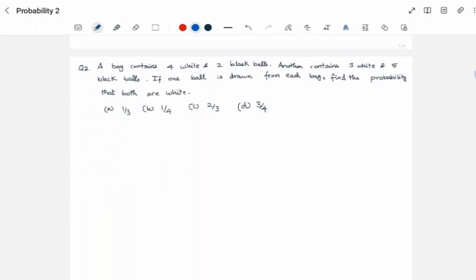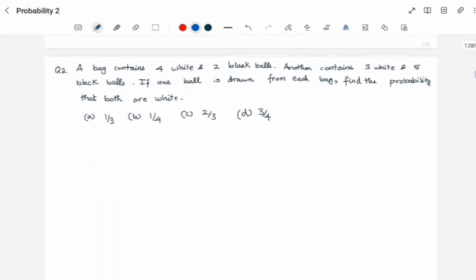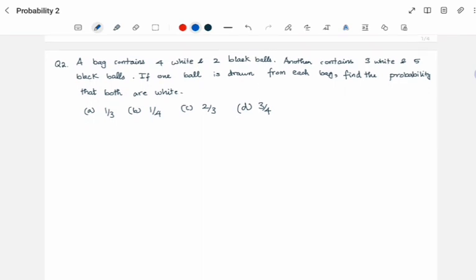A bag contains 4 white and 2 black balls, and another contains 3 white and 5 black balls. If one ball is drawn from each bag, find the probability that both are white. But if you see, the drawing from the first bag is independent of drawing from the other bag.